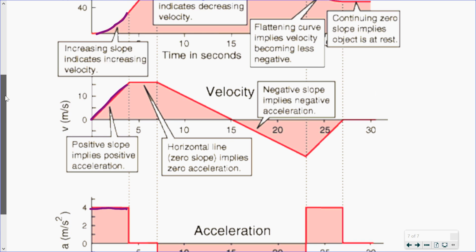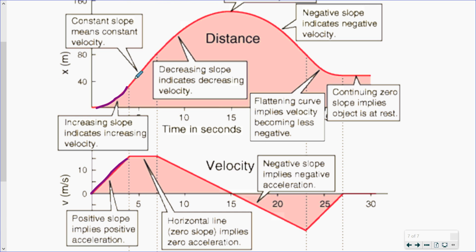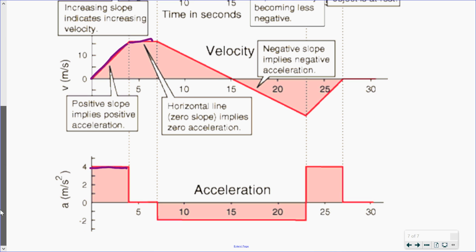What happens with the next part? Well, now it flattens out. So it's not curving up, but it's actually straight here. Because it's straight, it's not speeding up, it's not slowing down, it's going at the same speed or velocity. And that's why this next segment here for the velocity time graph is horizontal. If it's not speeding up or slowing down, there's zero acceleration.